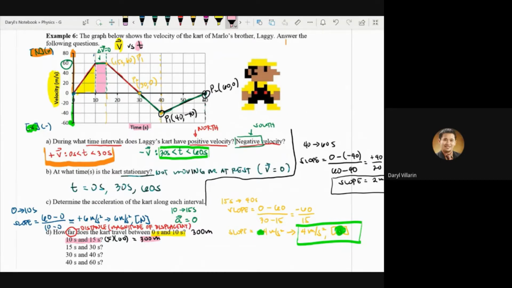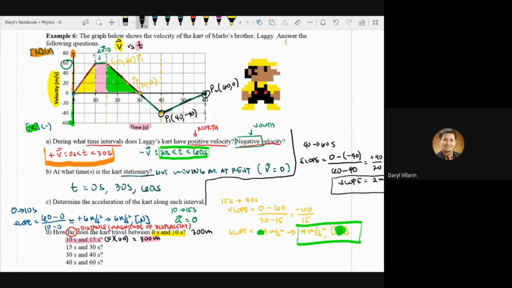Then 15 to 30 seconds. Well, that would be this part. Okay. So again, whatever magnitude I get here would be the distance covered by the object. So that is just a triangle.